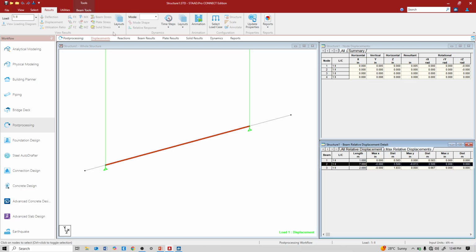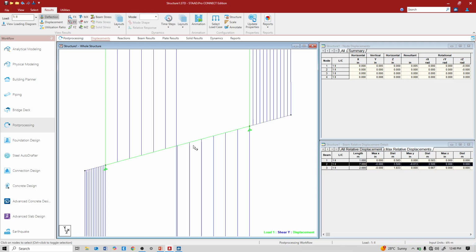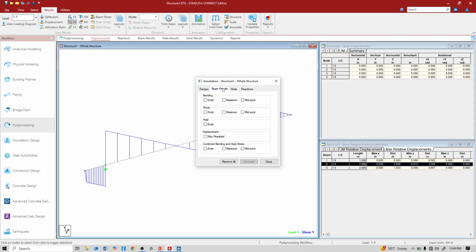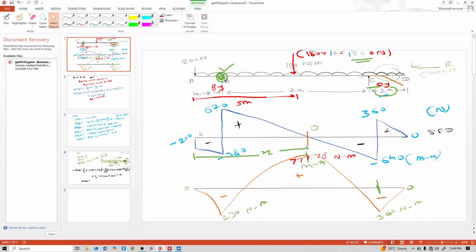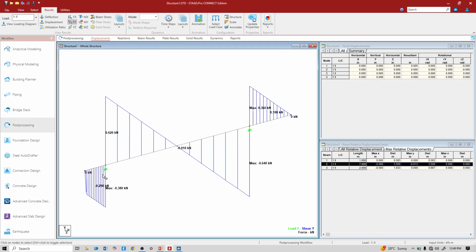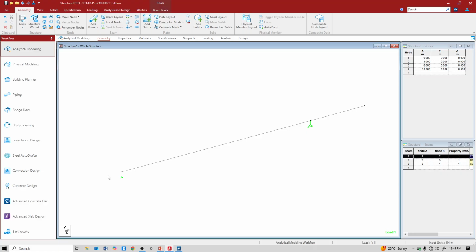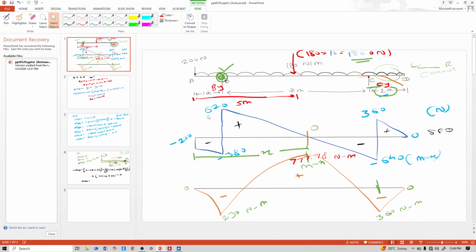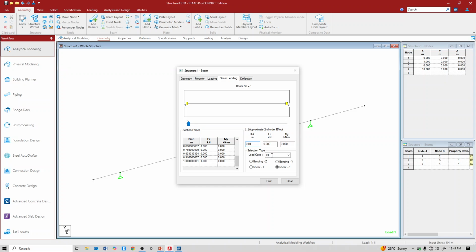So, see here. See 200. See this at 0. StatPro shows 0.01.